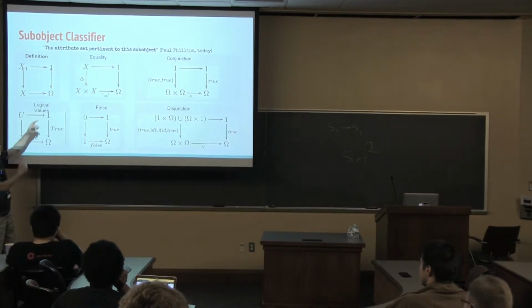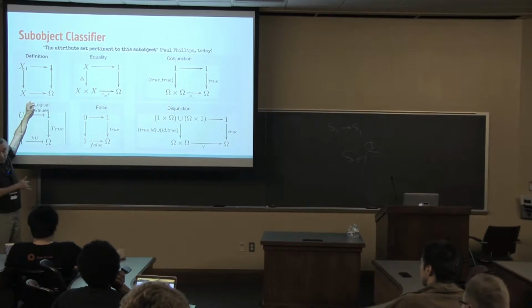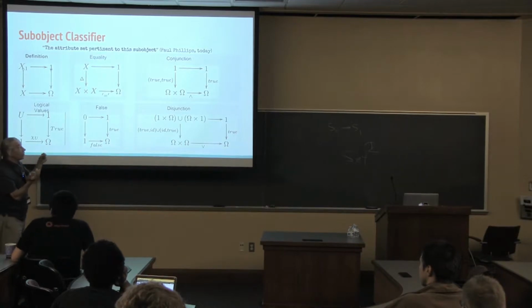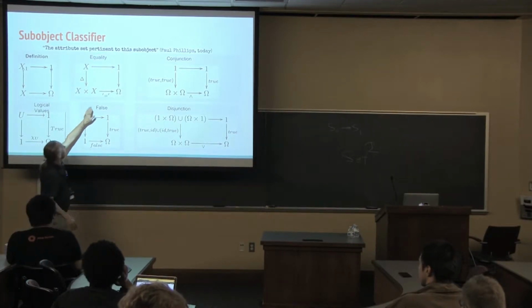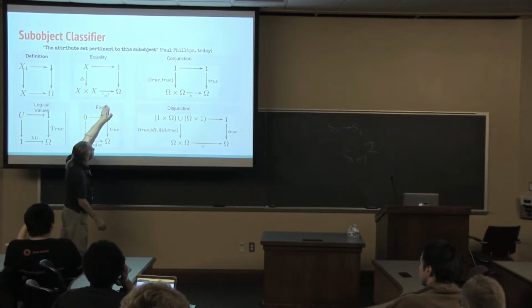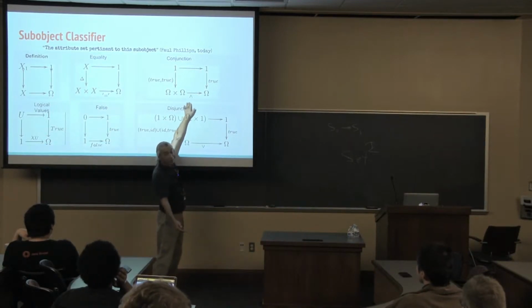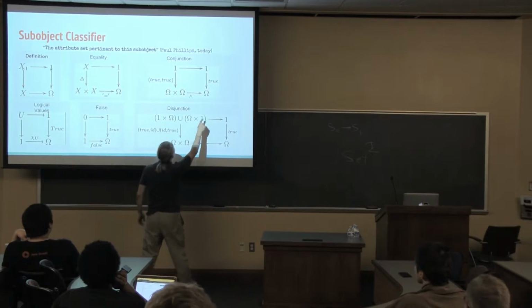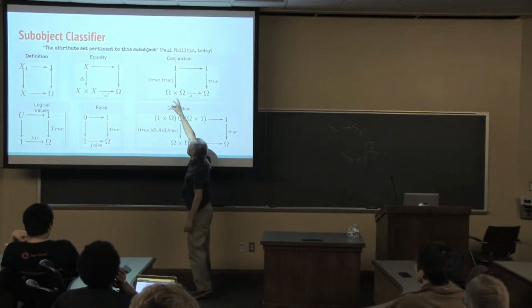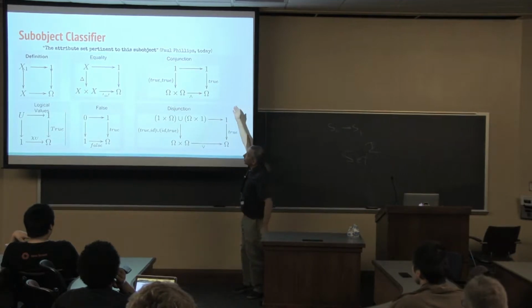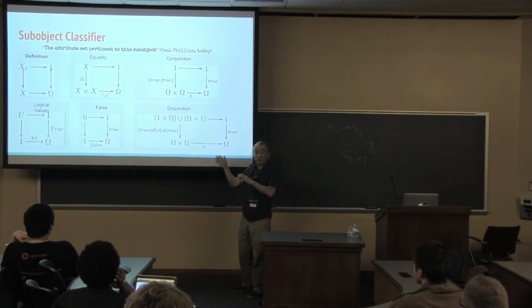So just out of this universal property, we're going into a logical idea. Here the diagonal classifier is equality. Can we introduce conjunction? Yes. Conjunction is defined from omega cross omega, where omega is the subobject classifier, an object of logical values.